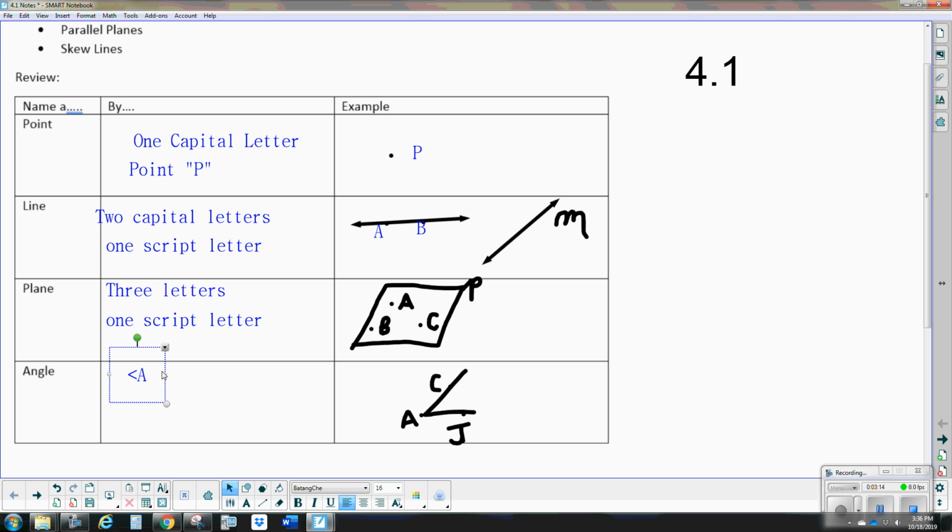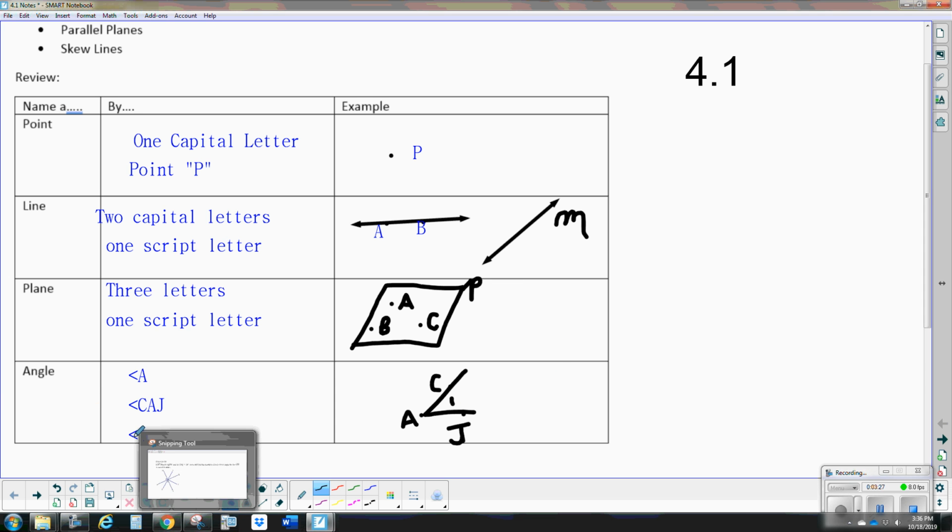Angle A, we might say angle CAJ, or we could also name this angle by its number. Okay, so if this was numbered angle 1, we could say angle number 1. Remember, when you're naming an angle with 3 letters, the vertex is in the center.